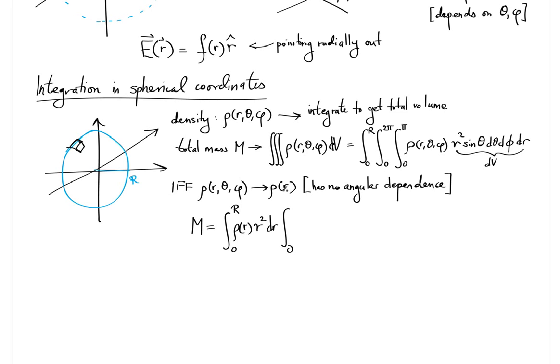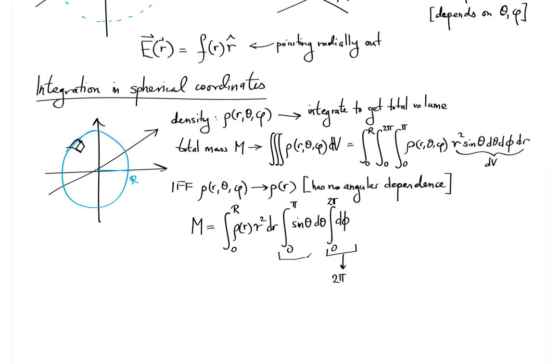I would have an integral from 0 to pi of sine theta d theta, and then an integral from 0 to 2 pi of d phi. So then integrating phi and theta are quite trivial. This integral here just gives me 2 pi.